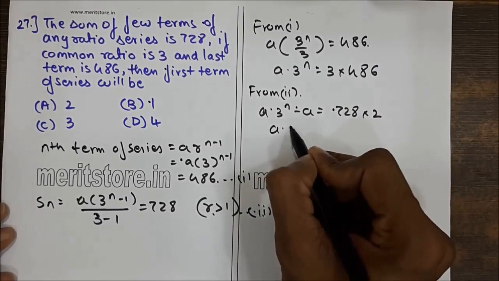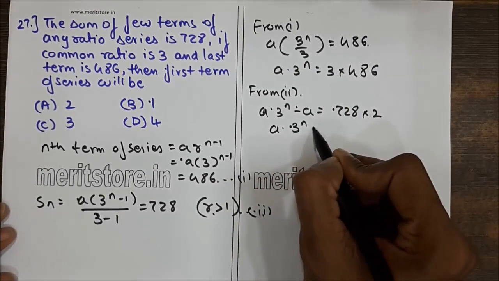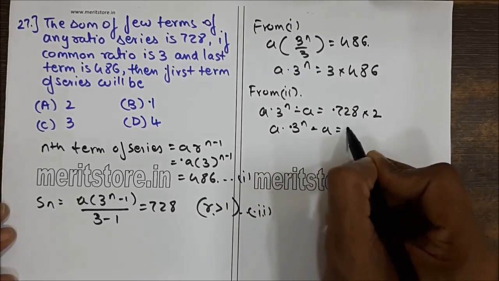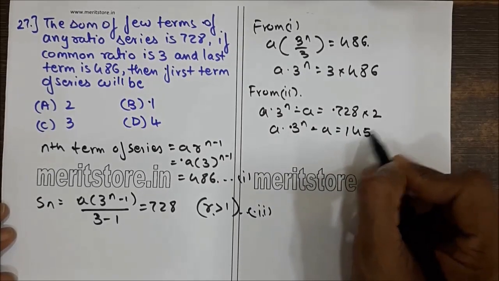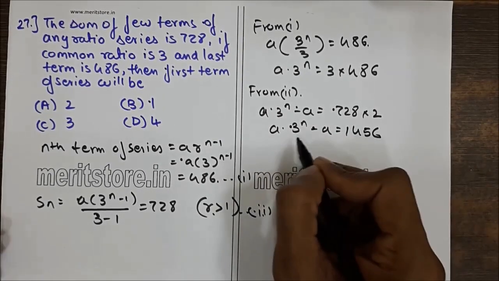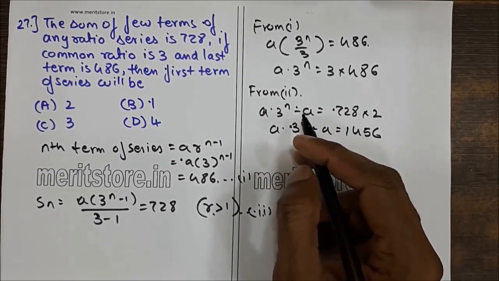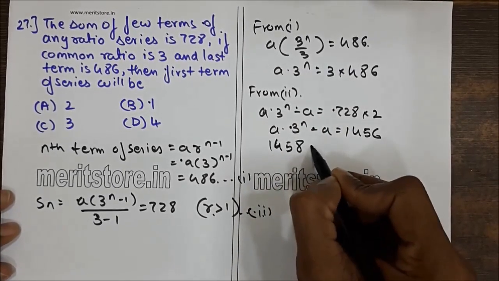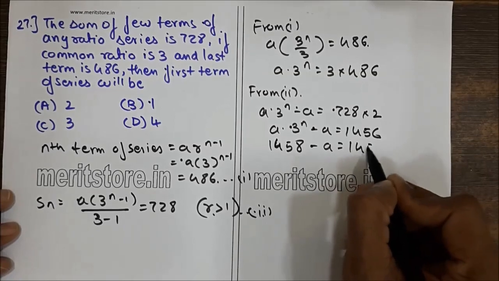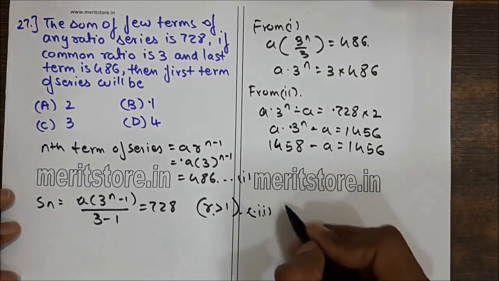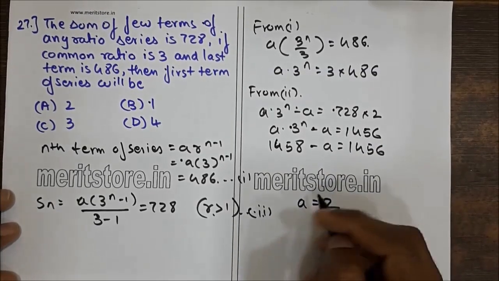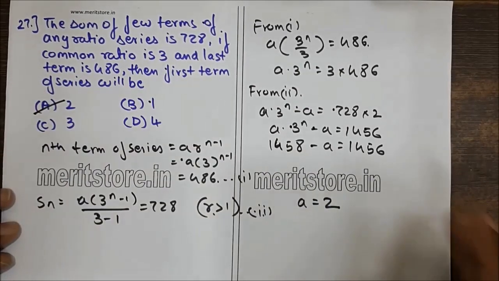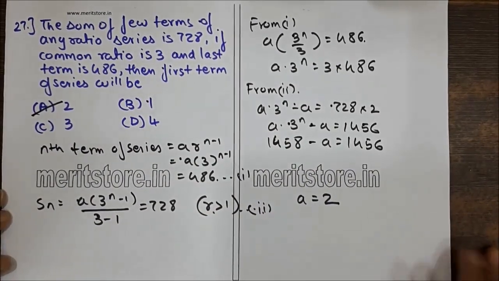We can write this as a into 3 raised to n minus a is equal to 1456. So we substitute the value of a into 3 raised to n, that is 1458, minus a equals 1456. For solving this, we get a is equal to 2. Therefore, option A matches with the answer. Therefore, option A is the correct answer.